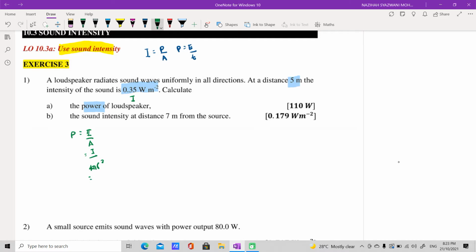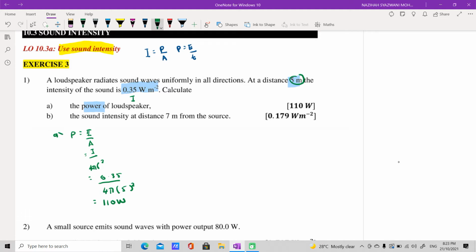Do you have the radius? It's given here, the radius is 5 meters. So just substitute: the intensity is 0.35 times 4 pi 5 square. Press your calculator, and your answer should be P equals 110 watts.